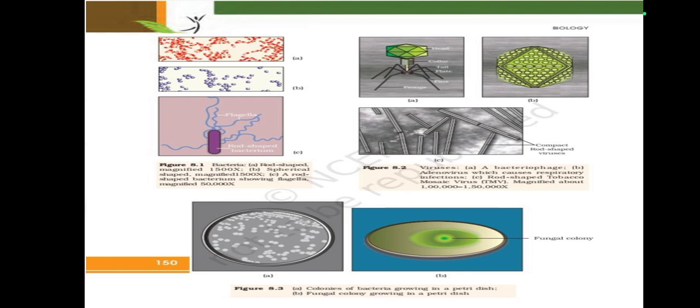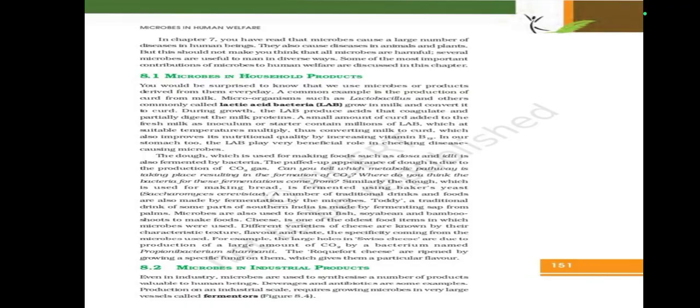A, bacteriophage; B, adenovirus, which causes respiratory infections; C, rod-shaped tobacco mosaic virus (TMV), magnified about 1 lakh to 1 lakh 50,000 times. Figure 8.3: A, colonies of bacteria growing in petri dish; B, fungal colony growing in the petri dish.